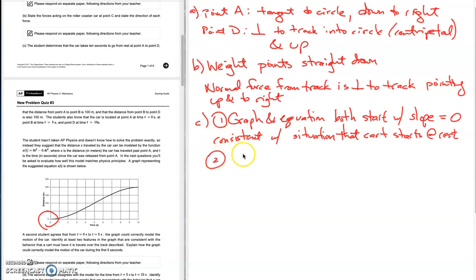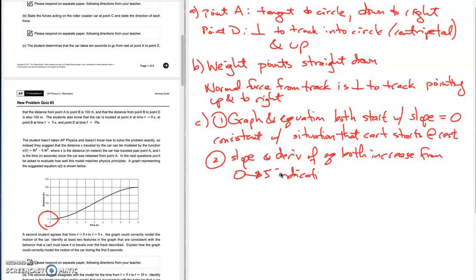All right, and point number 2 is the slope of the graph and the derivative of the equation both increase from 0 to 5, indicating that the speed is increasing. You need to have both of these written into your answer for part C because they are both relevant.